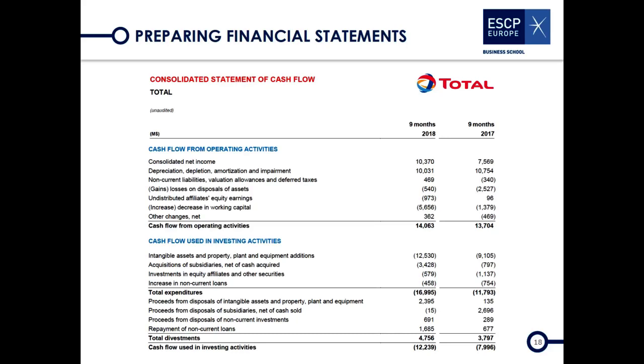And so an increase is deducted, like an increase in assets, right? So they also apply this rule of thumb to arrive at their cash flow from operating activities, 14 billion.